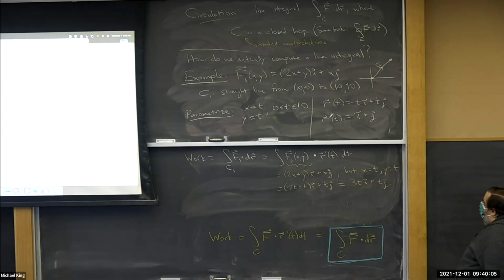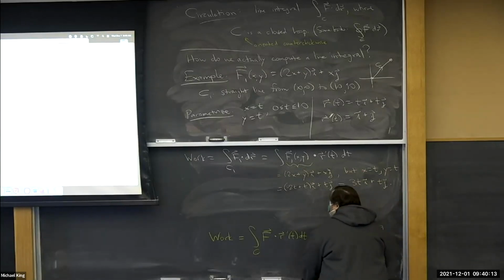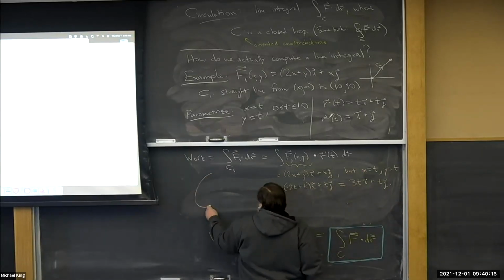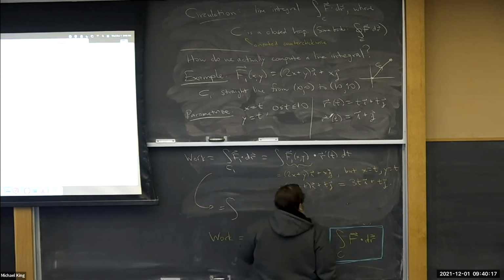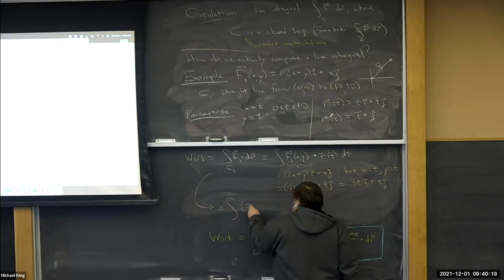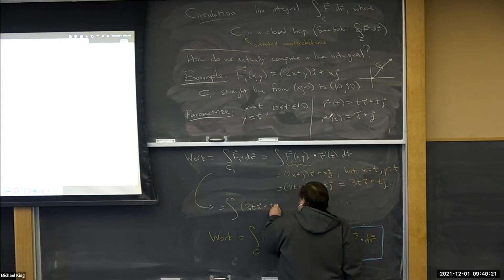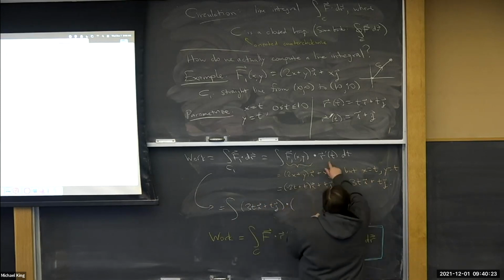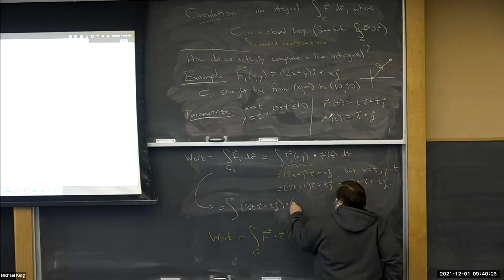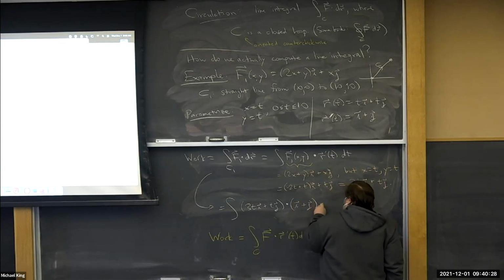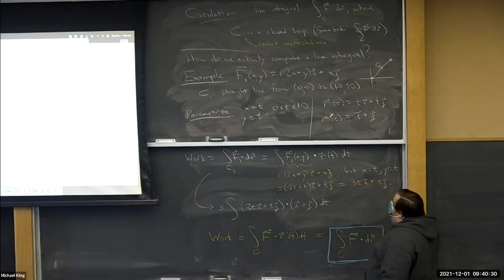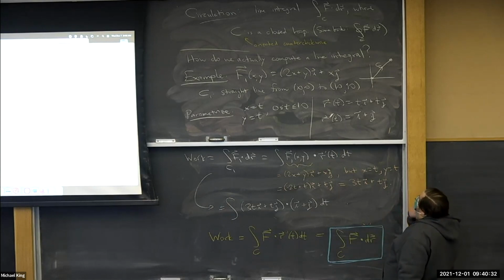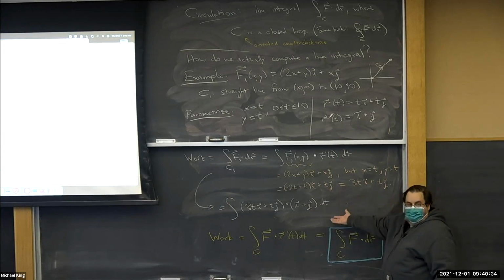And then we're going to dot that with r prime. Let me just write it out. Really what we're doing is an integral of 3t i plus t j dotted with i plus j, the tangent vector, dt, and we're integrating from 0 to 10 because we've turned everything in terms of t now.